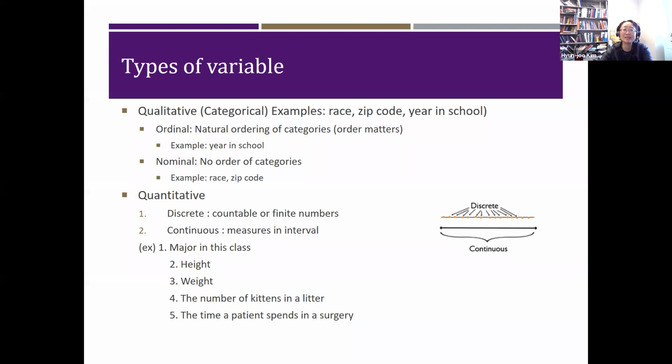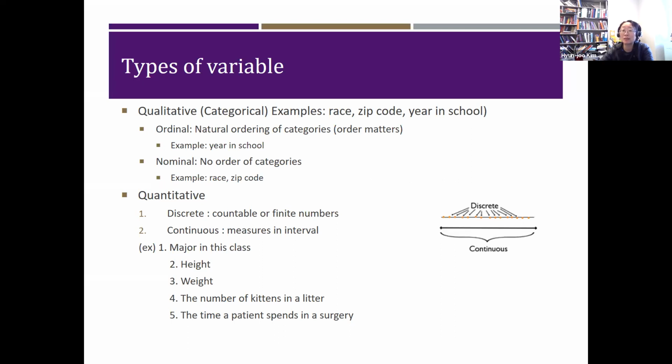Thinking about quantitative variables again, they are the ones that have numeric values, numbers. We think of two different kinds: discrete variables and continuous variables. A discrete variable has values that are countable or a finite number. The number of siblings can be an example of discrete, because the answer can be 0, 1, 2, 3, and so on.